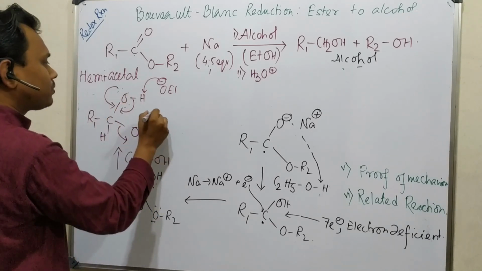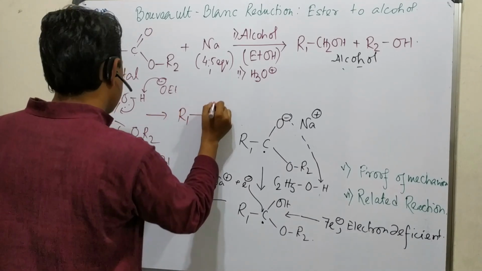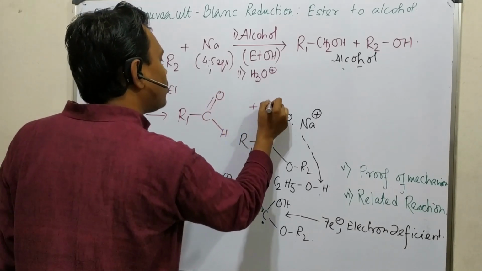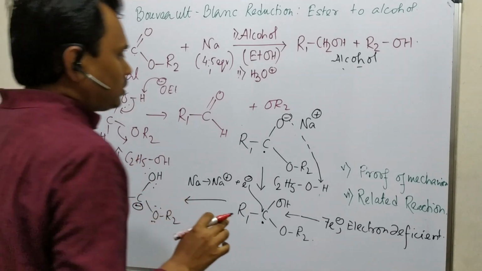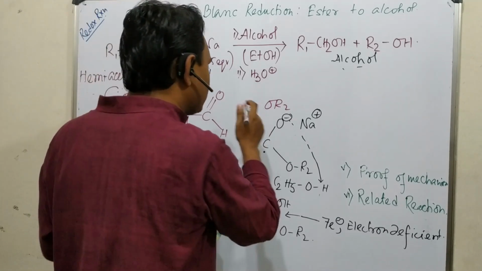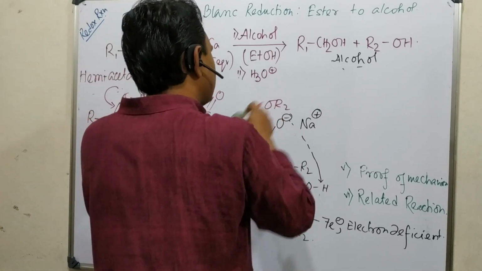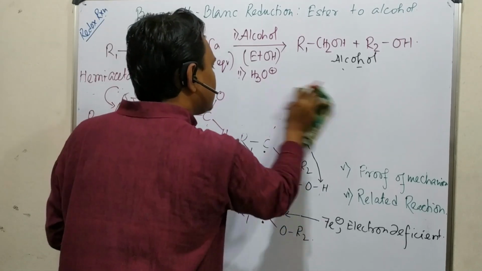So ultimately what will be the product? In this way this will produce R1 C double bond OH plus OR2 minus. Okay. So after that what will be?